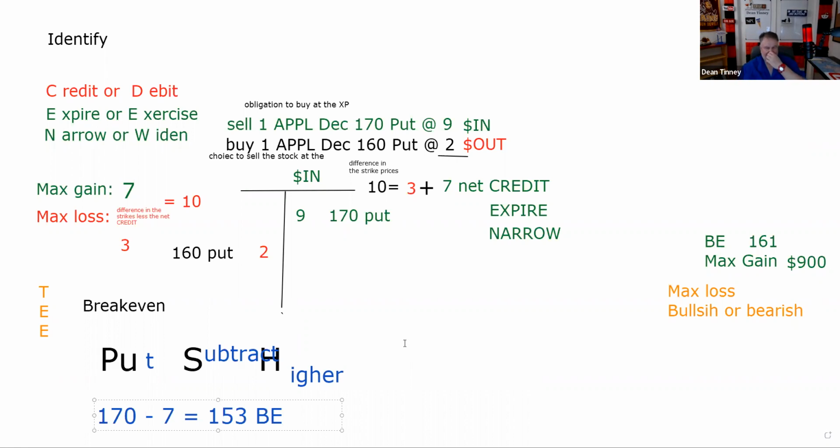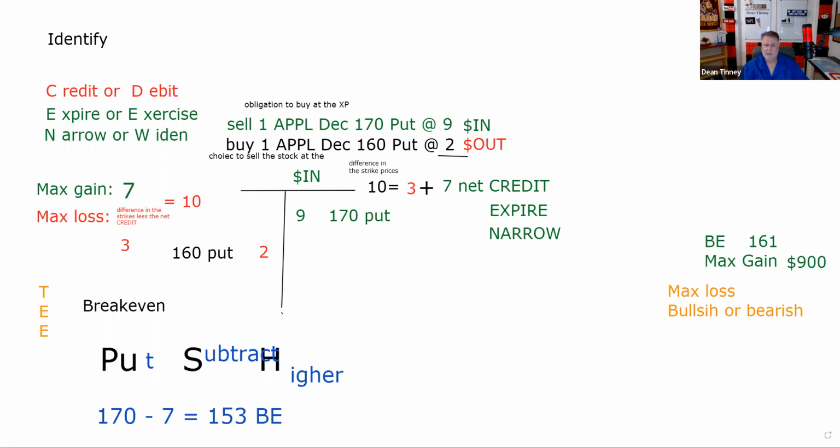All right, last thing we've got to be able to do, our 8th thing, is this bullish or bearish? So how are you going to determine whether this is bullish or bearish? In other words, what we're asking is, where do we want Apple to be in relationship to our break even? Just real quick, the break even should be 163, correct? Make sure you keep an eye on the instructor.